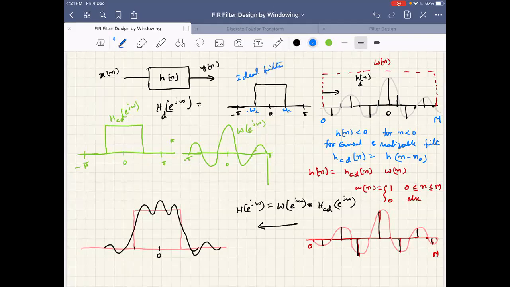It is also defined by the attenuation in the pass band, 1 minus delta p and 1 plus delta p. That is, ripples in the pass band will come because of the ripples of the window function. So please note that these are the ripples of the window function.